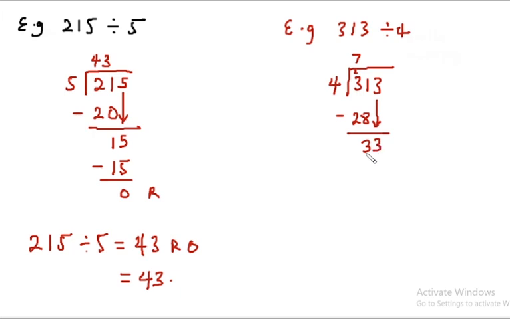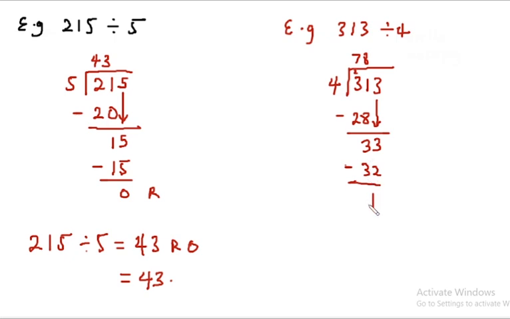So we ask ourselves the same question. Can 4 go into the first number here? No, it doesn't. So we have to pick the next number and pair them together. So this is 33 divided by 4. How many times does 4 go into 33? 8 times. So we know that 8 times 4 is 32. So we know that 3 minus 2 is 1.